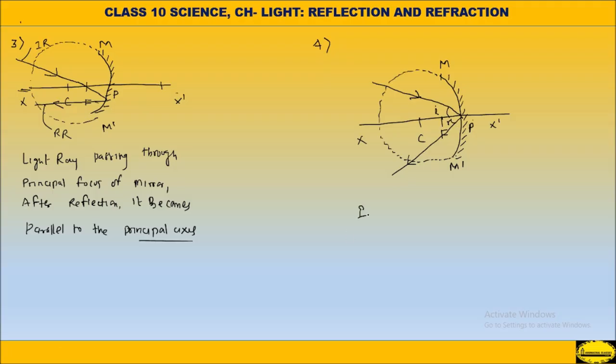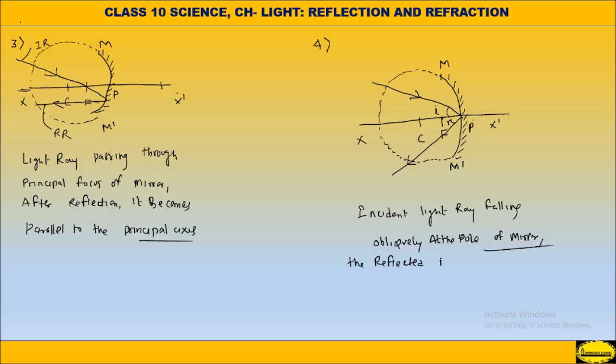So we can say that the incident light ray falling obliquely at the pole of the mirror will get reflected obliquely as per the laws of reflection.